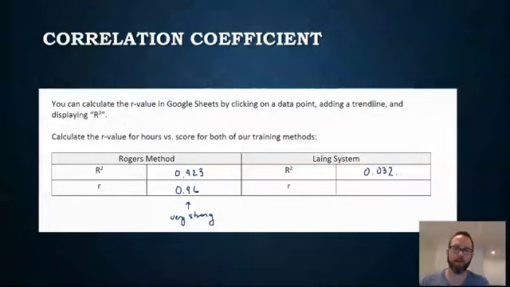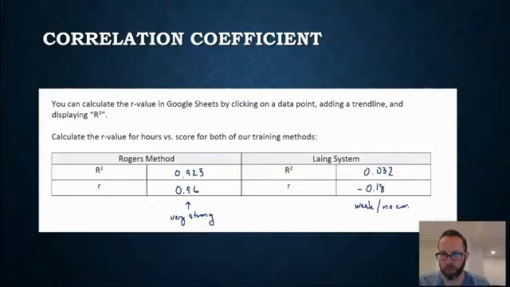To get the R value, take the root of that. So the root of 0.032. And we know from the graph that it's a negative trend, right? So negative 0.18. So weak or even no correlation.